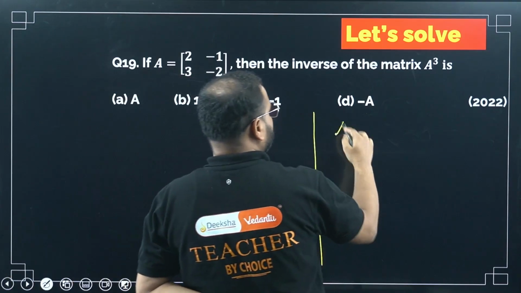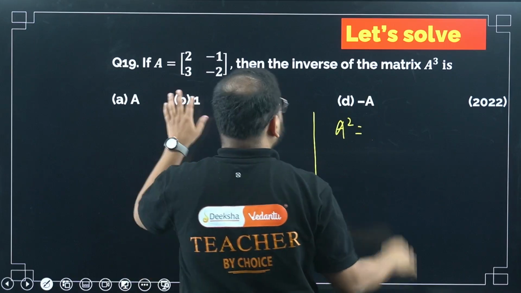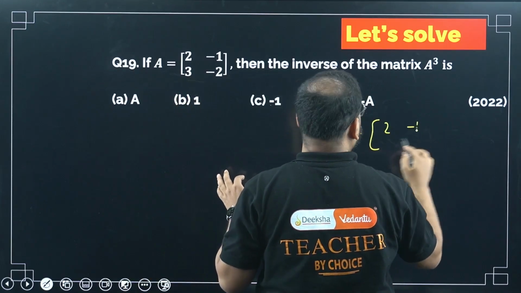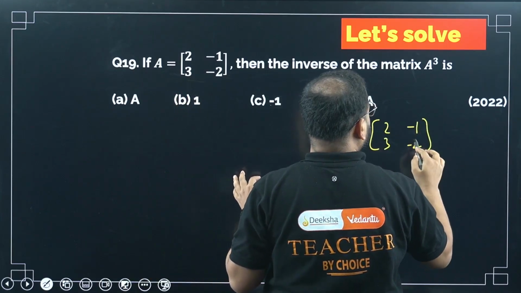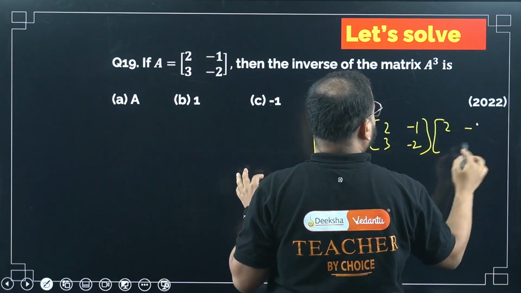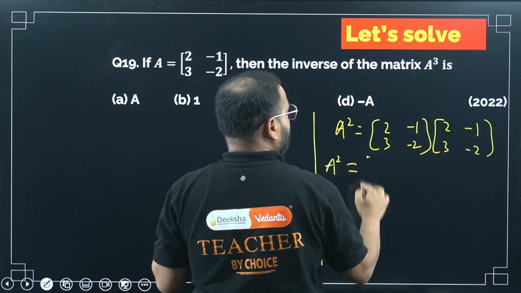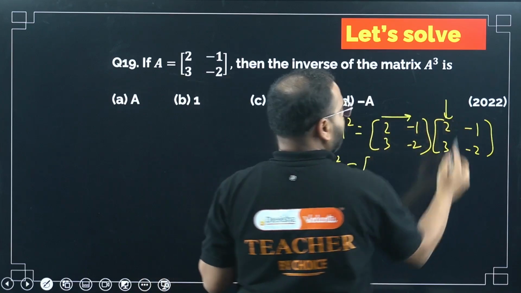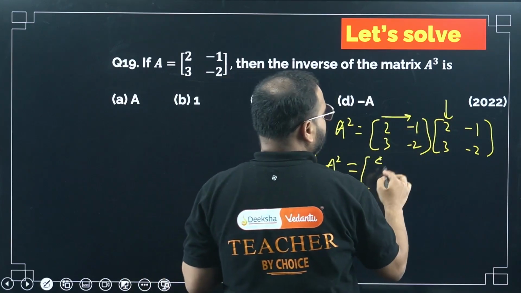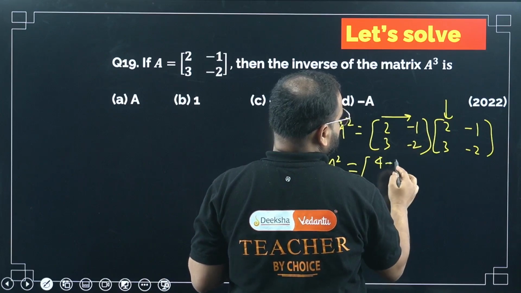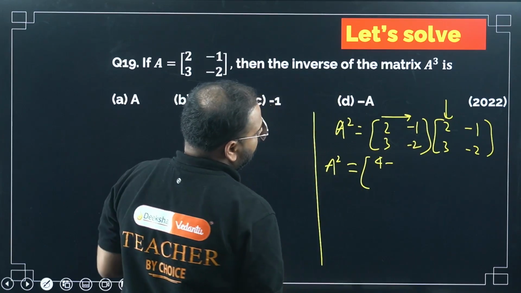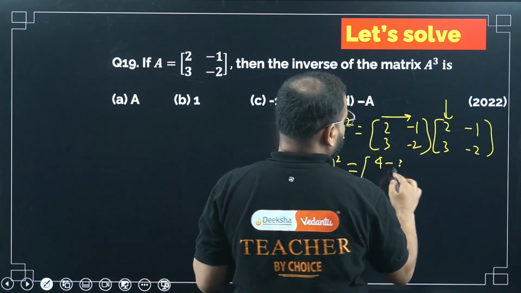What is A square? A square is the same matrix multiplied with itself: 2, minus 1, 3, minus 2 with the same. Please cross multiply this. First row, first column: 2 times 2 is 4, and minus 1 times 3 is minus 3.